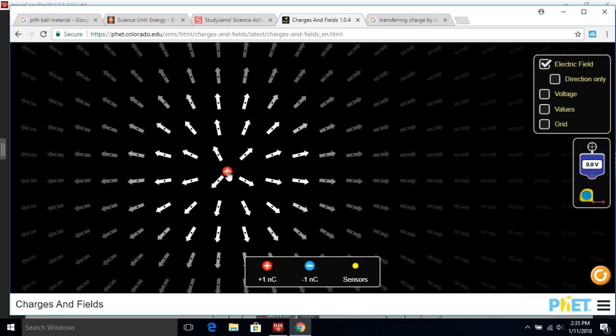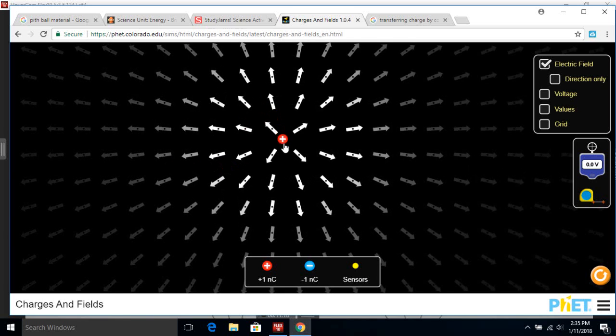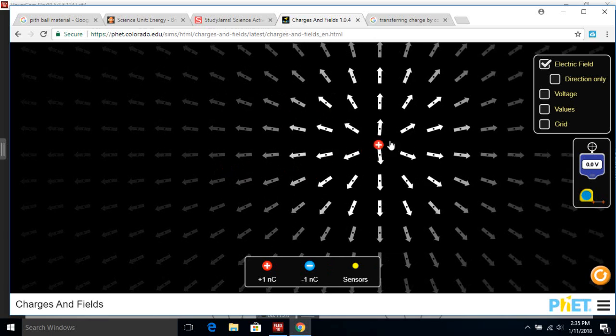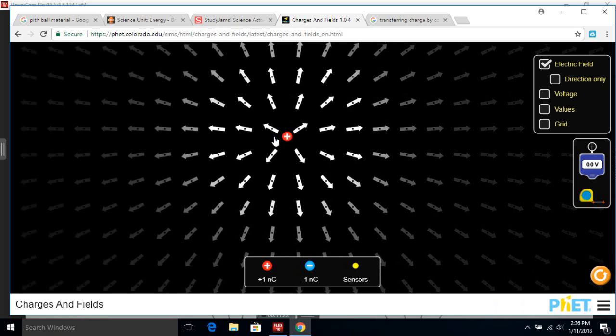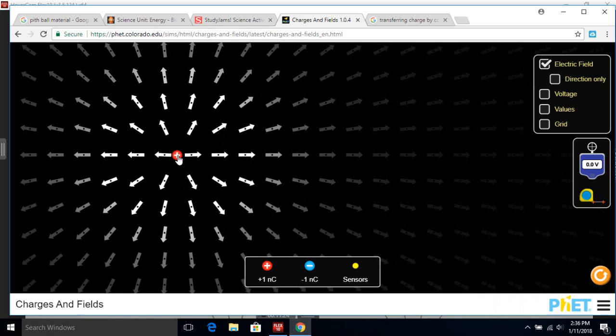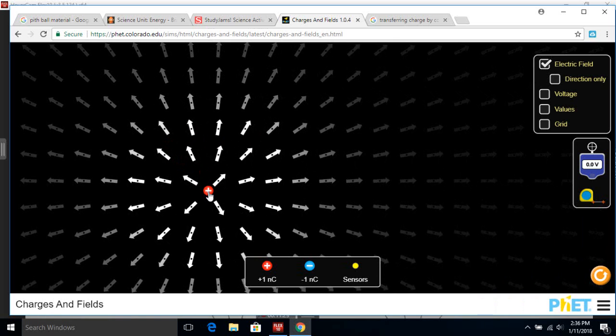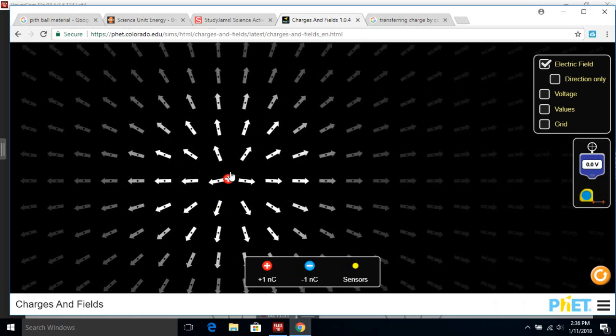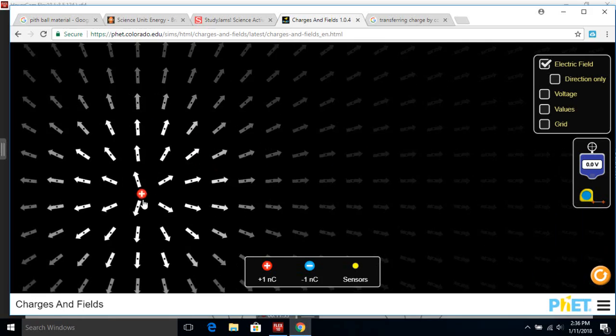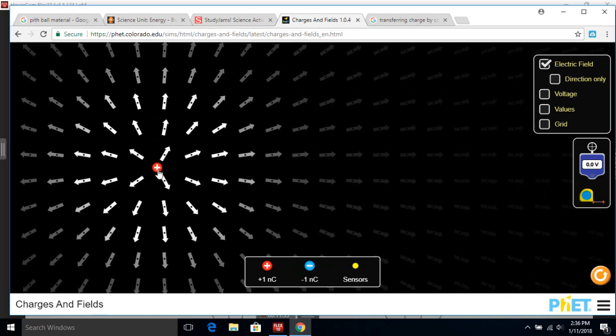Boom. That is the electric field of a proton. Watch how it moves. See how it moves with it? As it moves. It's pretty cool, huh?